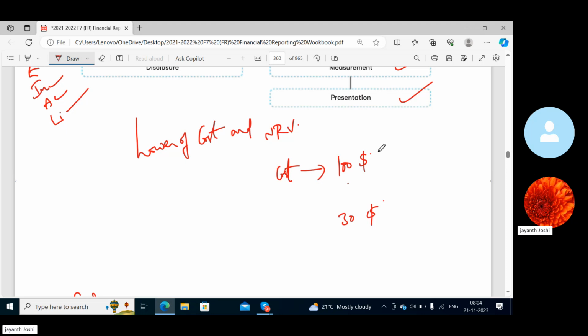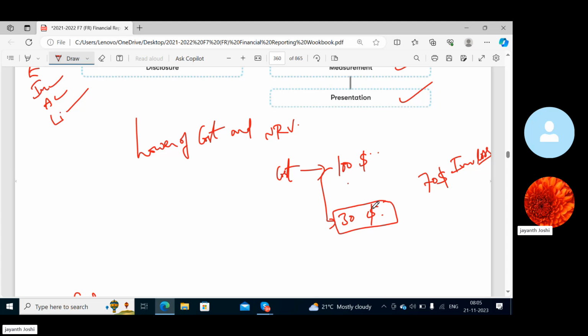You want to still show at cost, or you will show at $30 because it seems more realistic? $30, of course. $70 you will recognize as inventory loss in the COGS or statement of profit or loss, and you'll be showing the inventory at $30 because it makes sense. It is the realistic value of that, right?